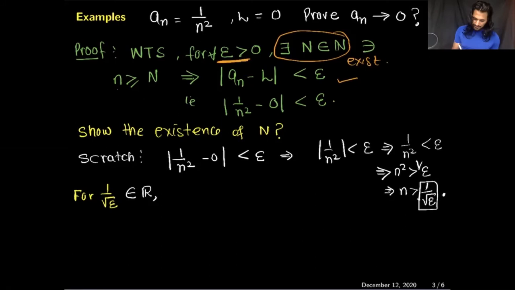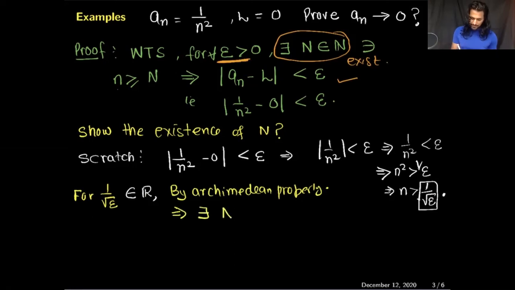So for that real number, by the Archimedean property, which says that for any real number there always exists a natural number, there exists a natural number, which I'm going to call capital N, belonging to the set of natural numbers, so that N is strictly greater than the given real number, 1 over the square root of epsilon.